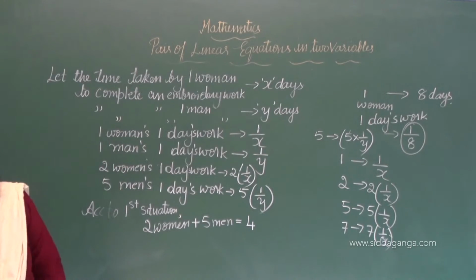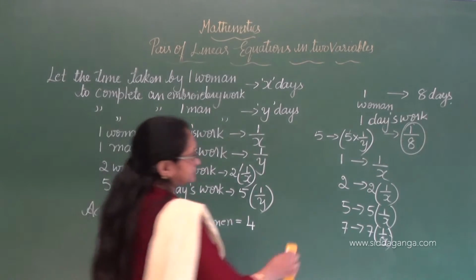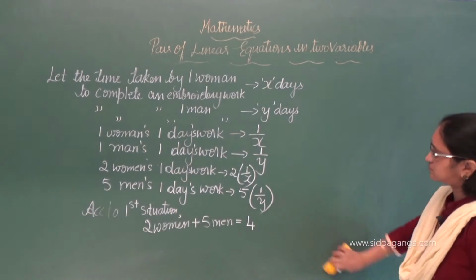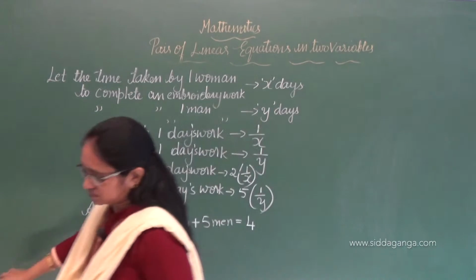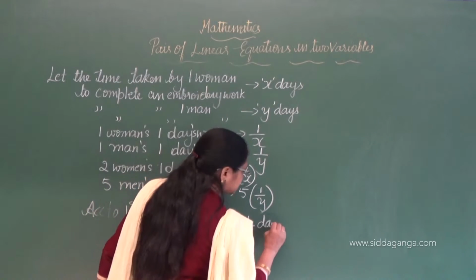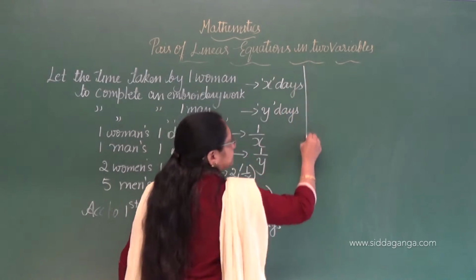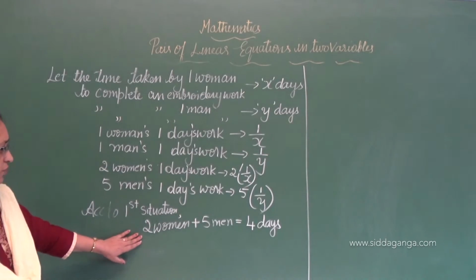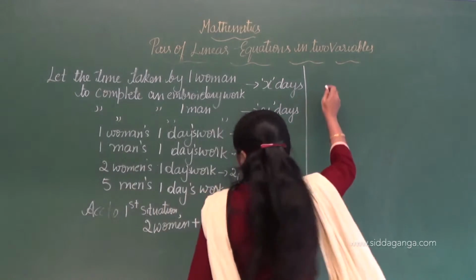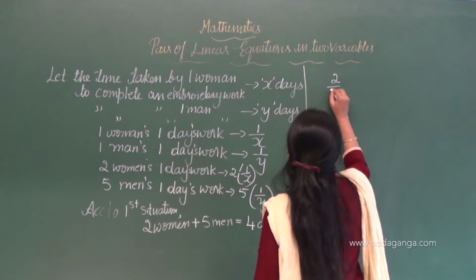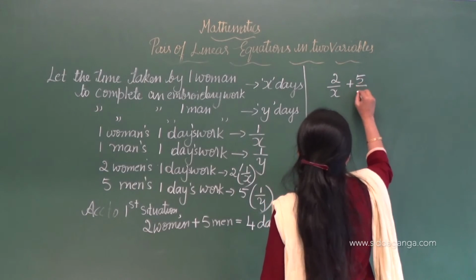Now, to write the equation, together they need 4 days. Just observe here. For 4 days, the work will be like this: 2 by x plus 5 by y.